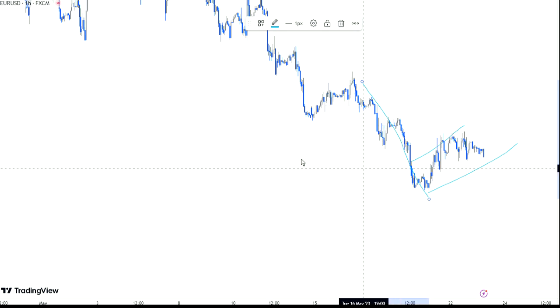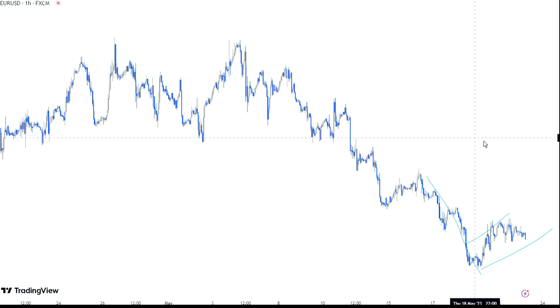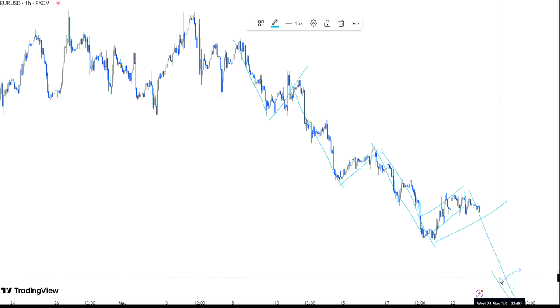As we see here, we were having the impulse, then the correction, impulse, correction, then impulse, then the correction. Then we will be approaching another impulse here.